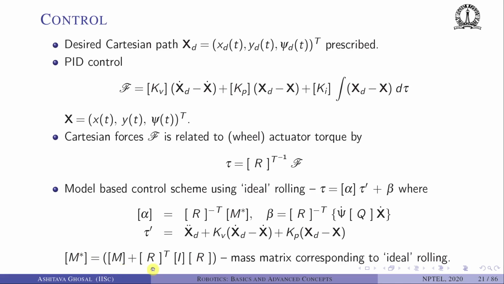M star is M plus R transpose I R. So this is basically converting the mass matrix to correspond to ideal rolling. Okay, so this is a control scheme where some part of it is PID or PD. This is PID, but we use PD here, and then this is the model-based term.